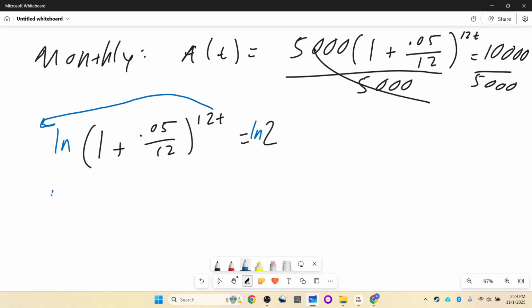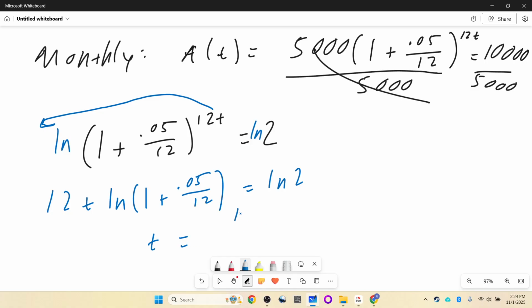I get 12t natural log of (1 plus 0.05 over 12) equals natural log of 2. And then t equals natural log of 2 over basically everything else: 12 times natural log of (1 plus 0.05 over 12). Then you type that into a calculator and you get a number. I'm not going to work that one out.